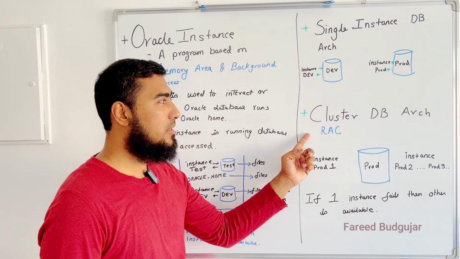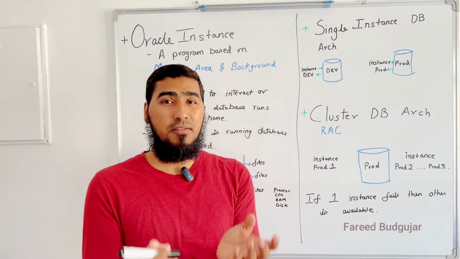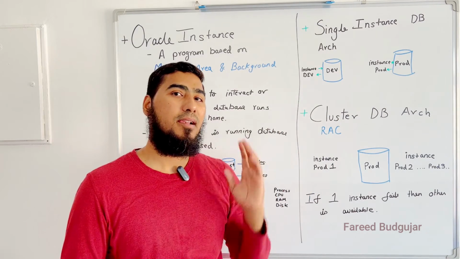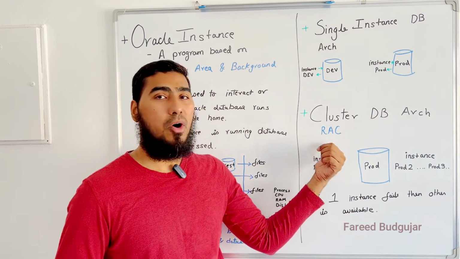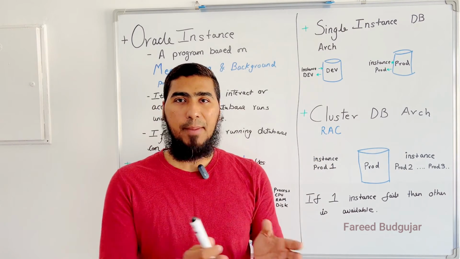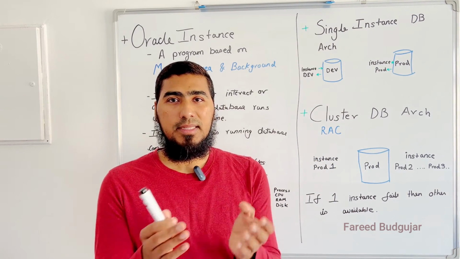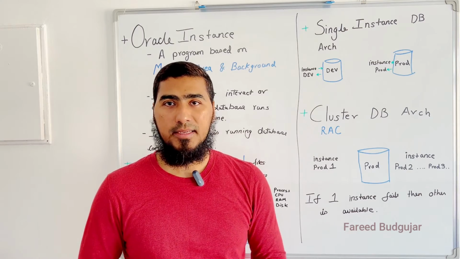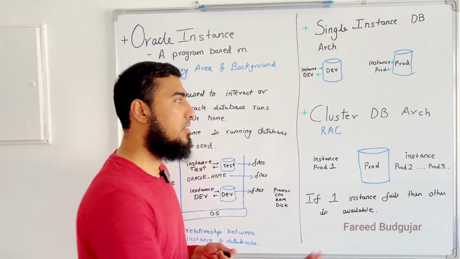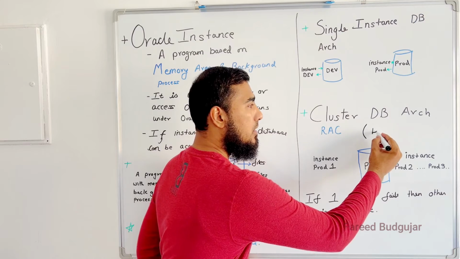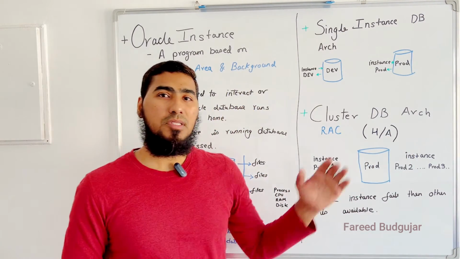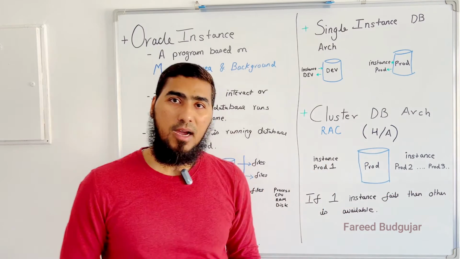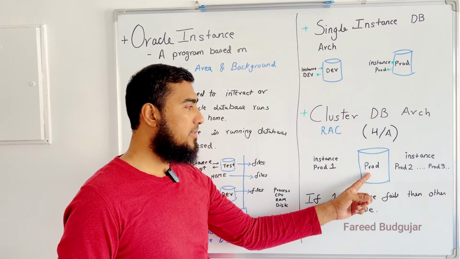Now, just to illustrate the difference between single instance and cluster instance. Cluster database architecture, which we call RAC, Real Application Cluster, is a feature in Oracle database that comes under high availability. So this setup is high availability. Let us understand how. You have a prod database.